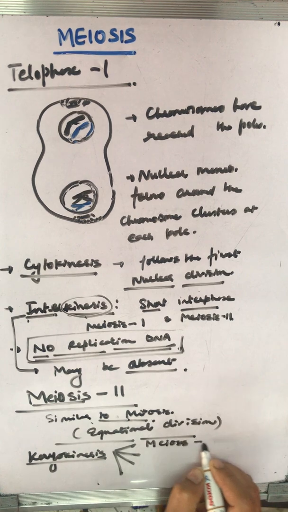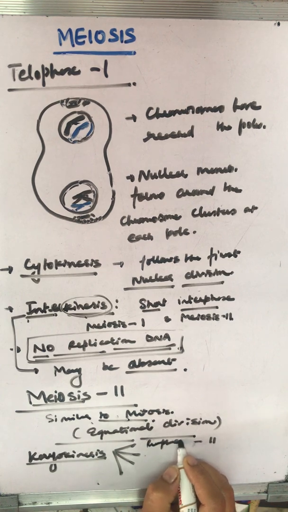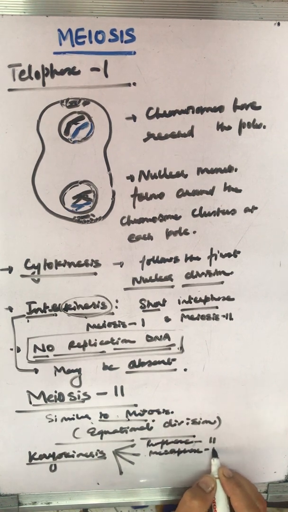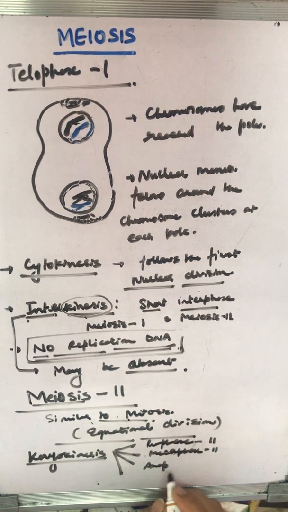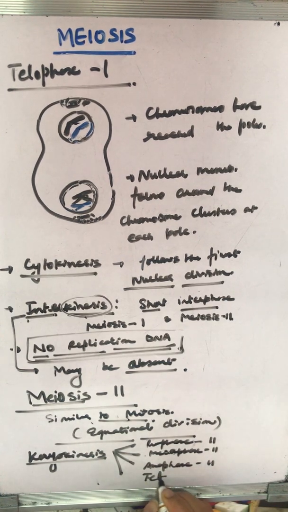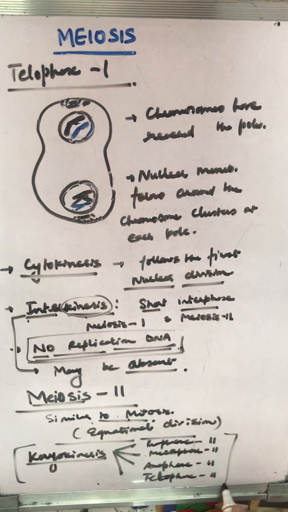Meiosis 2, that is prophase 2, metaphase, Anaphase and Telophase. Right, karyokinesis. Let's begin with karyokinesis stages.